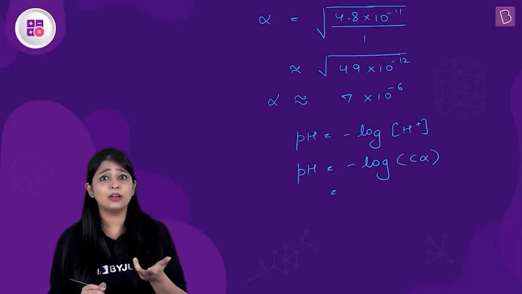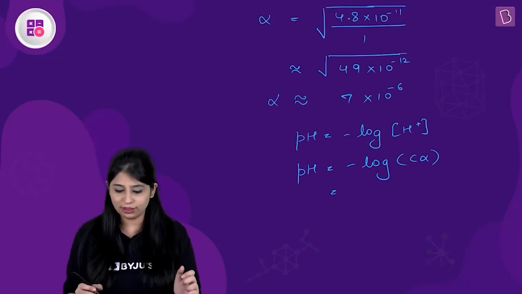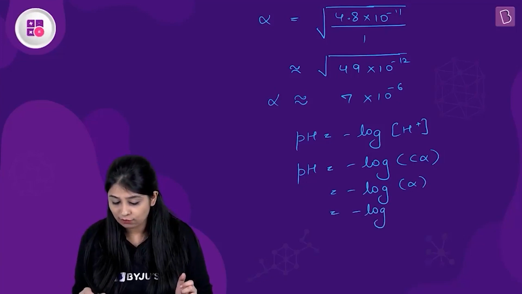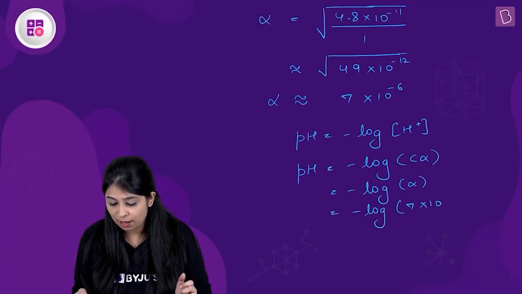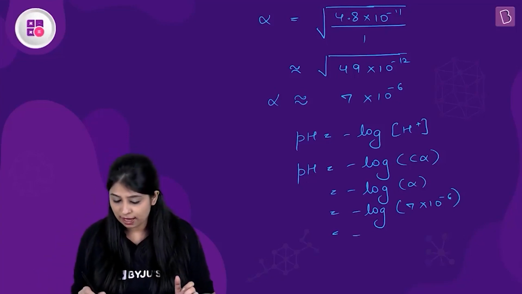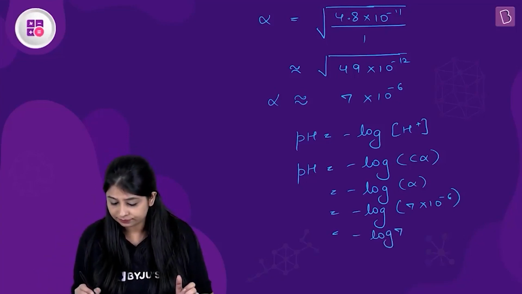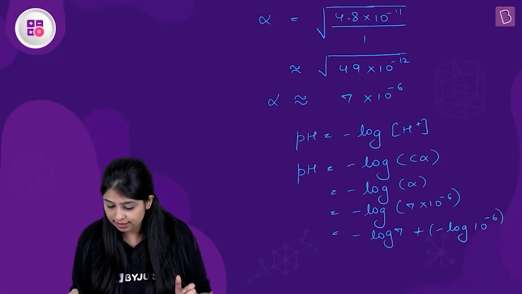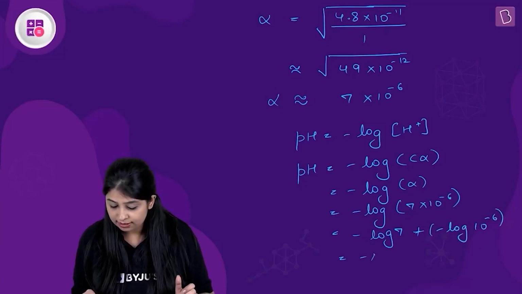We know the value of C is given as 1 molar, so this becomes minus log of alpha, which is minus log of 7 into 10 to the power minus 6. Now this is just calculation. So this becomes minus log 7 plus minus log of 10 to the power minus 6. This becomes minus log 7.